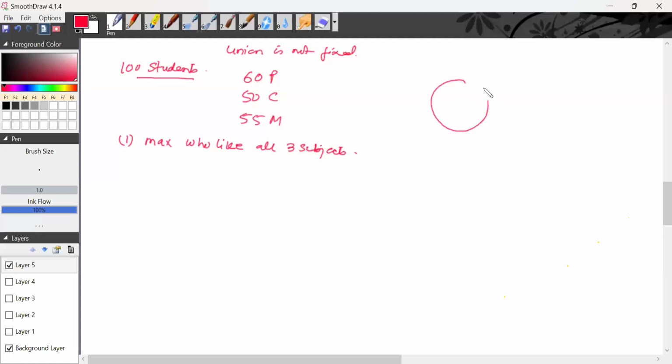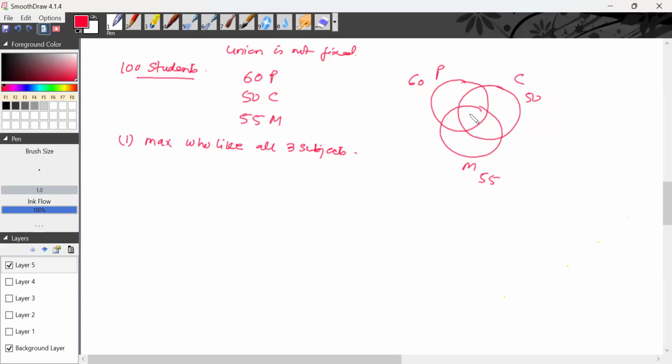Why so? Because if I make 3 circles, this is physics, chemistry, and mathematics. This physics is 60, this is 50, and this is 55. I want to maximize this. Can I take 60? No. Otherwise the condition will get violated, as the entire circle cannot be 50 and the part cannot be more than the whole, right?